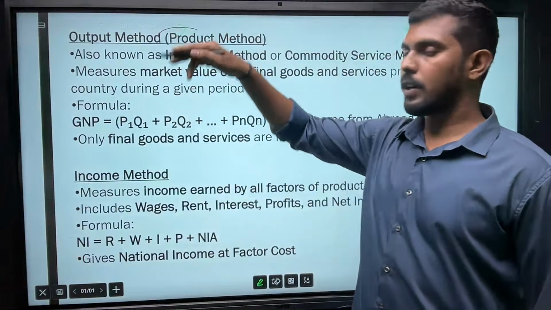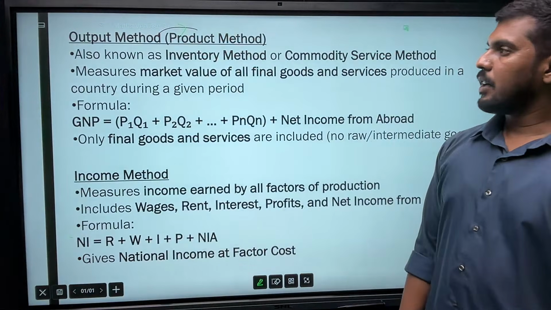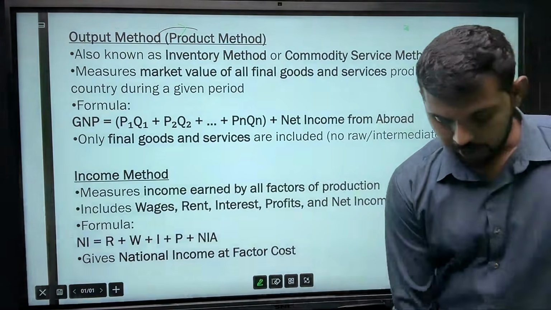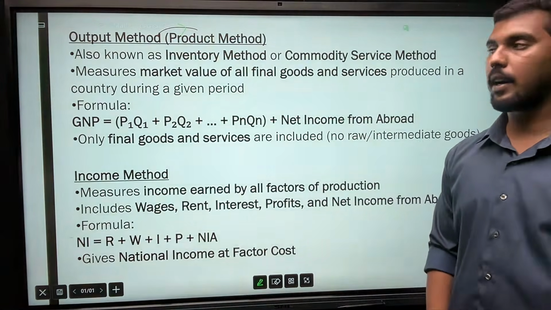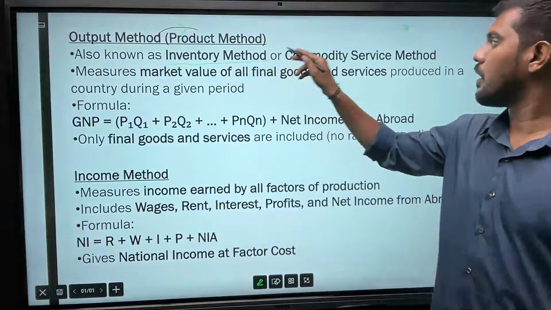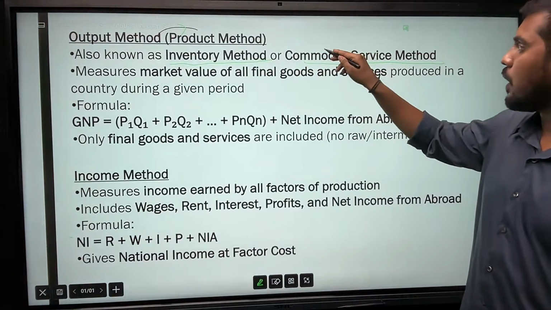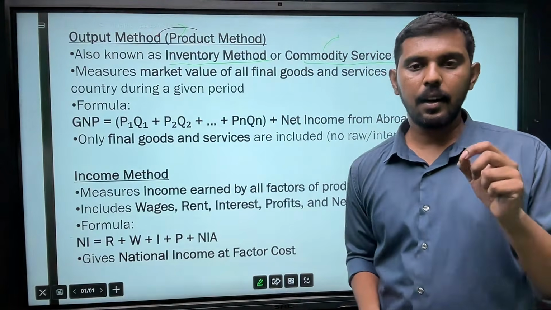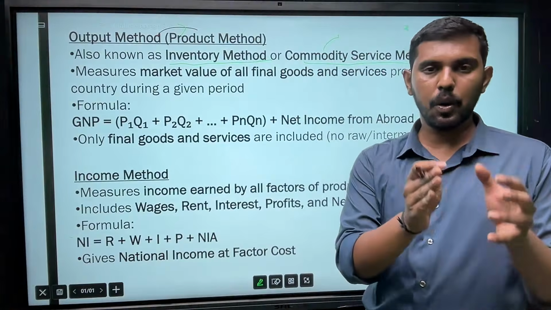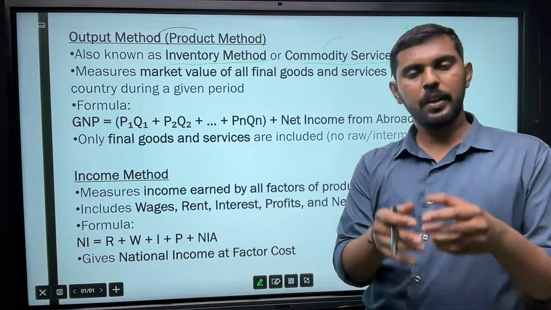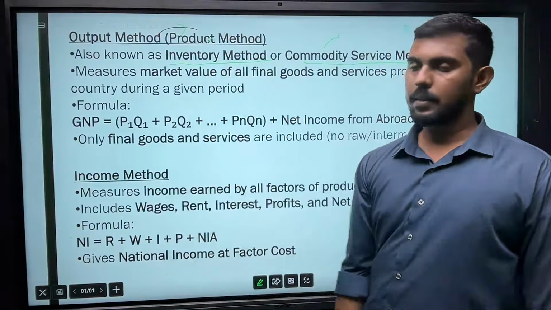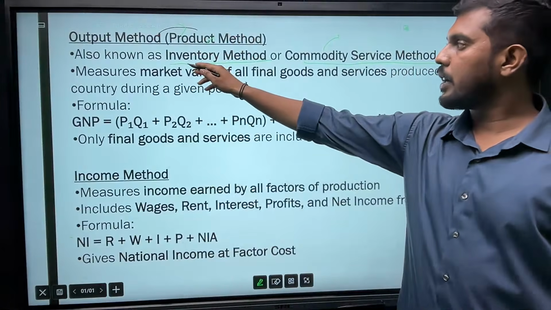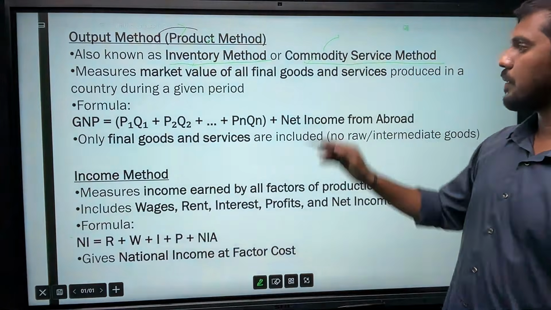Another you can write inventory method or commodity service method. We are calculating national income, and we choose the output method because it is also known as the product method. First, you write down inventory method and commodity service method.